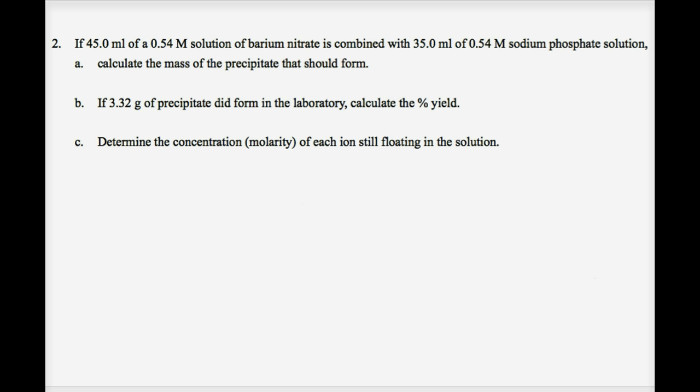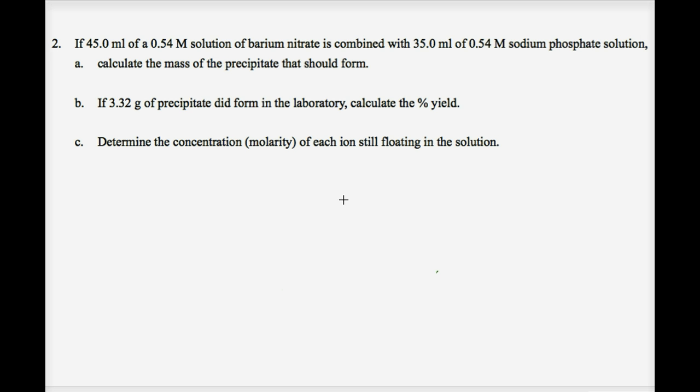Okay, looking at our problem here, we have a certain volume and molarity of barium nitrate combining with our sodium phosphate.